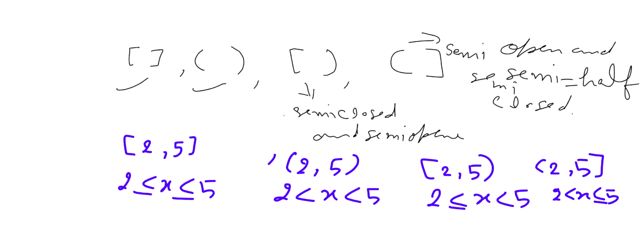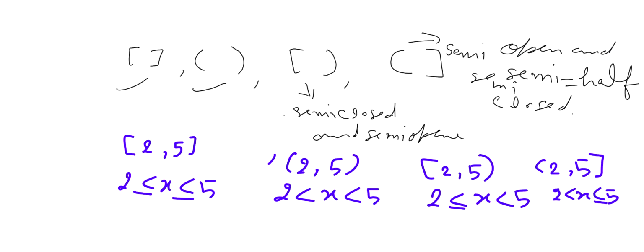Whenever it is closed, the boundary points, 2 and 5, are included; we can start from the boundary point. Whenever it is open, the boundary point is not taken; it is ignored, eliminated.